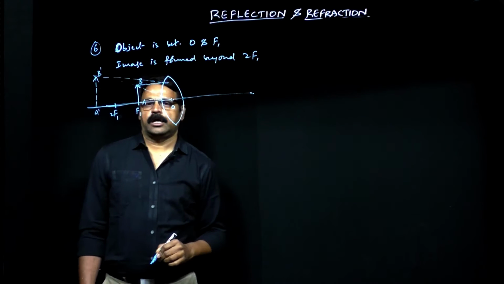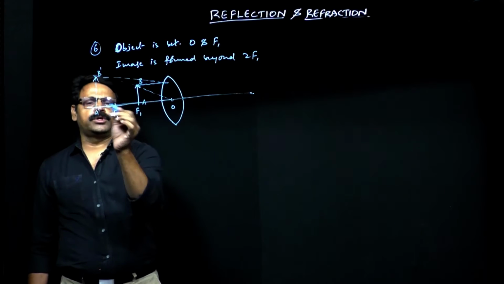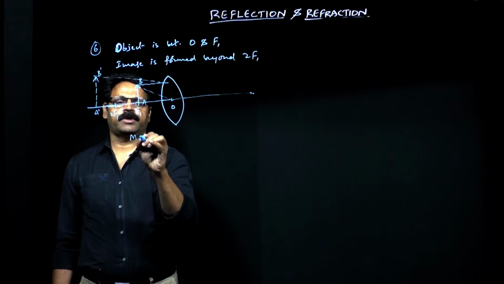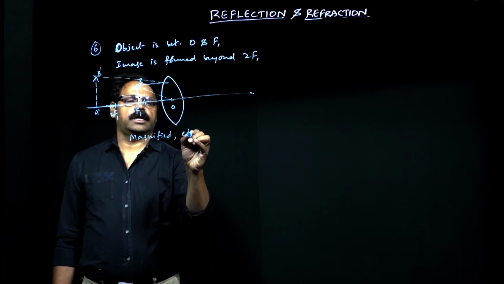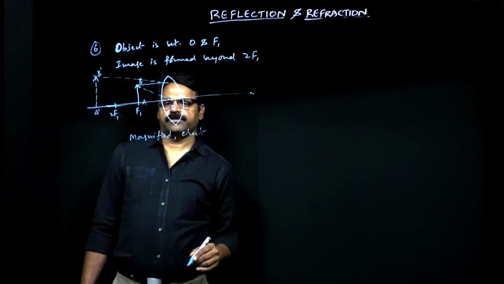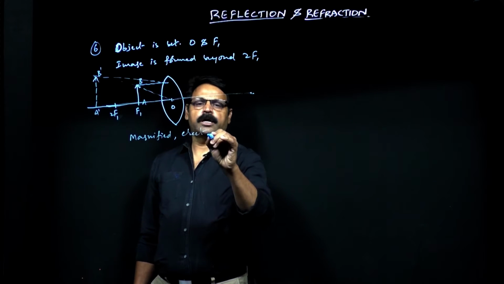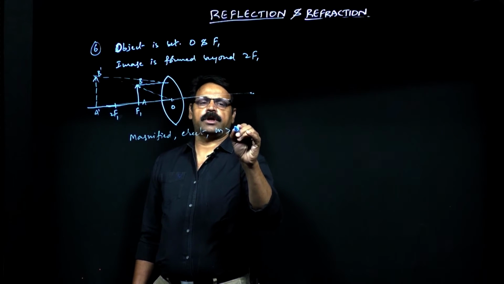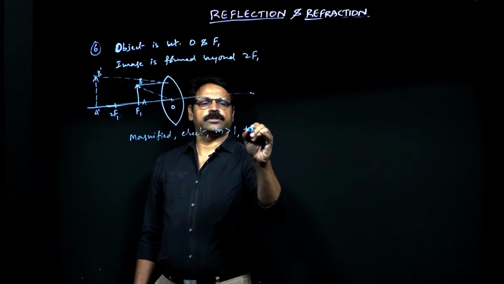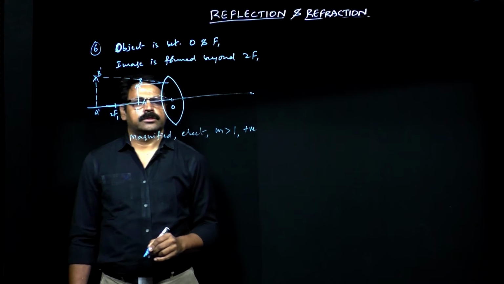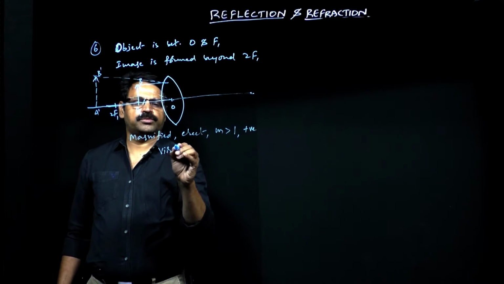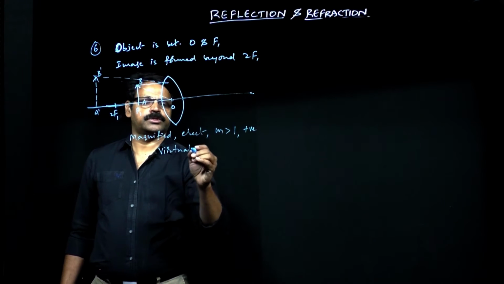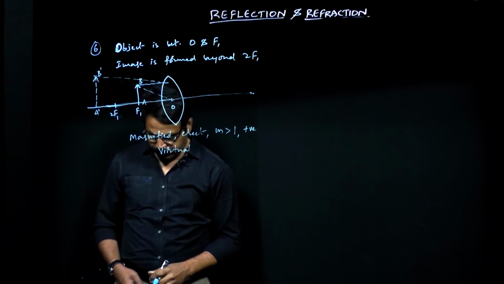So here, beyond 2F1, the image is magnified and erect, and magnification is greater than 1 but positive because it's an erect image. Magnified, erect, and virtual. One more thing is that it is virtual, because I am getting this as positive. You are getting a virtual image.